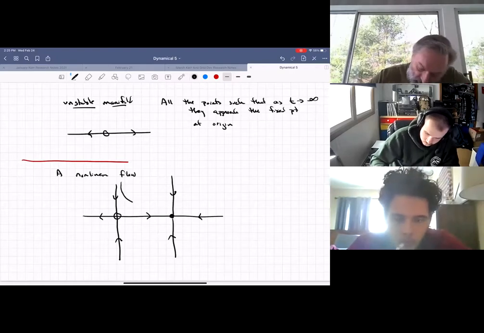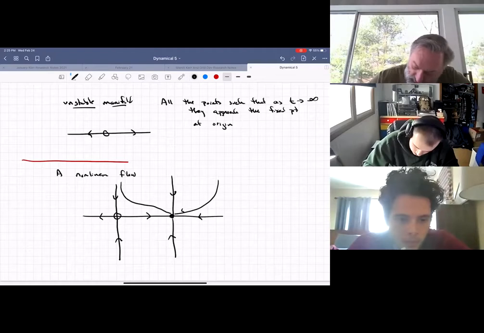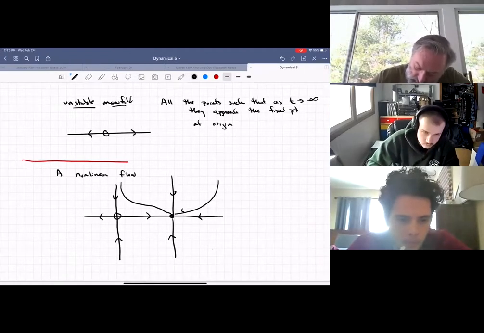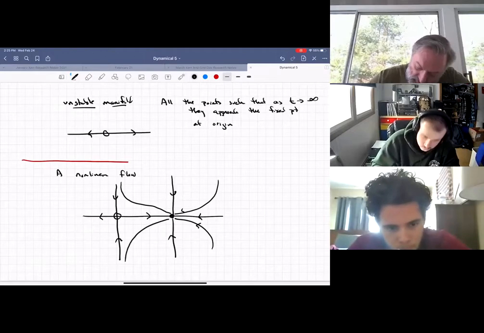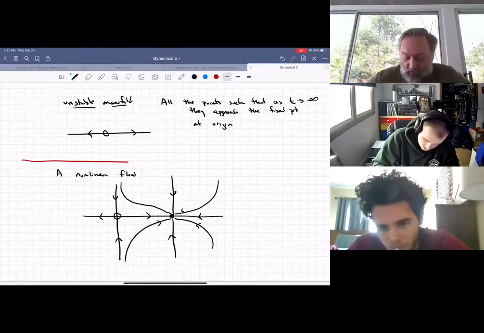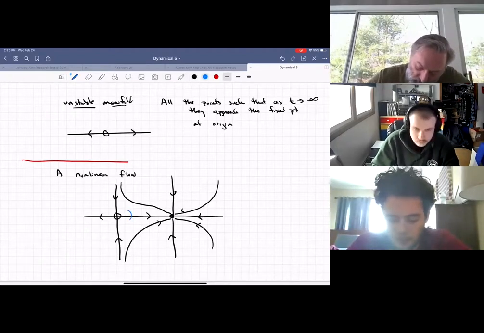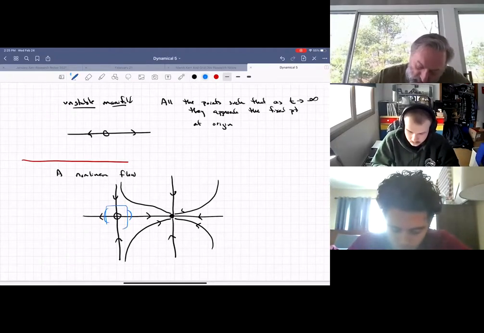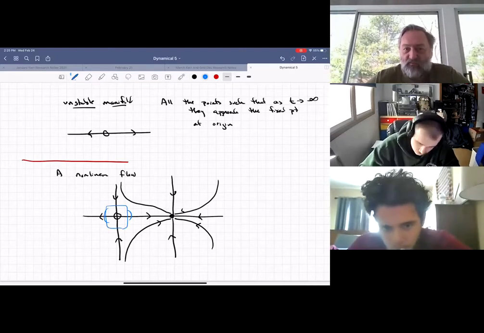So maybe these points flow into here, and these points flow into here. And locally, in this blue box, this particular fixed point is behaving like a saddle.